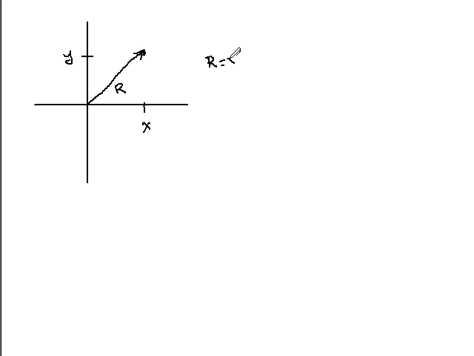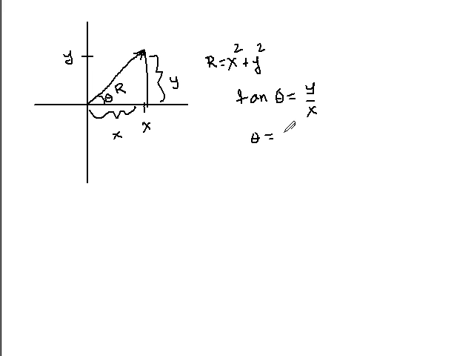So r is equal to the square root of x squared plus y squared, and there's an angle theta. If you look at tangent of theta, it is y over x. This distance is the y distance, and this distance is the x distance. Then theta is the arctangent of y over x. So these give a way to go between xy and r and theta.